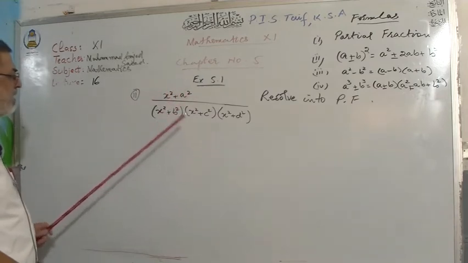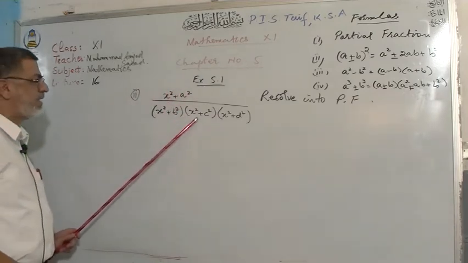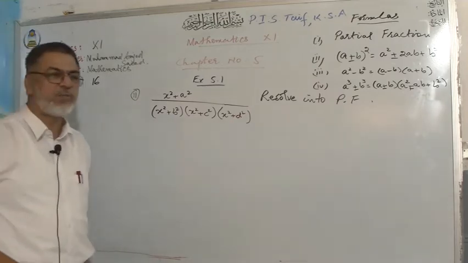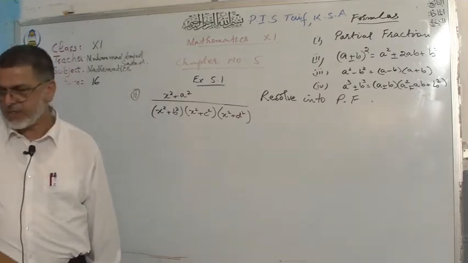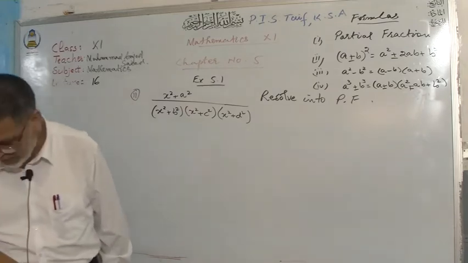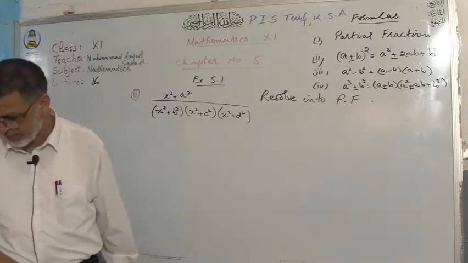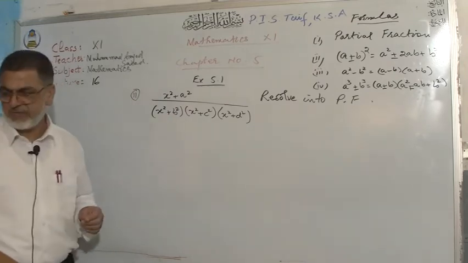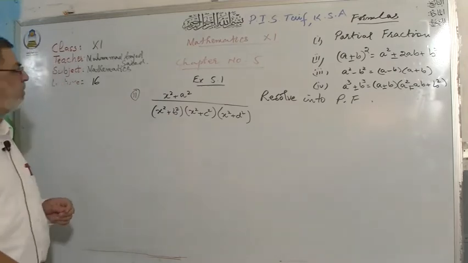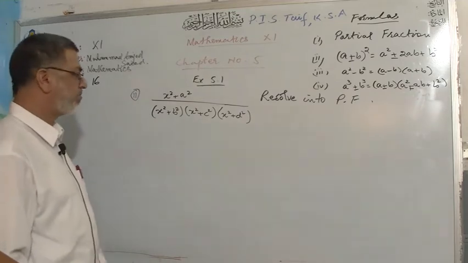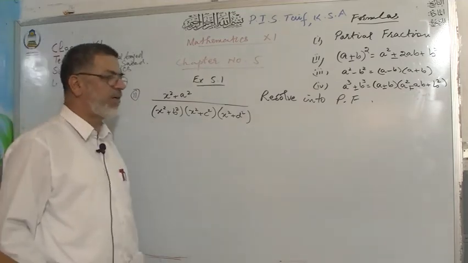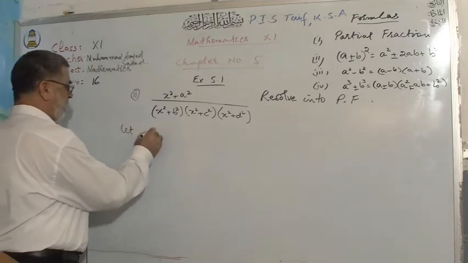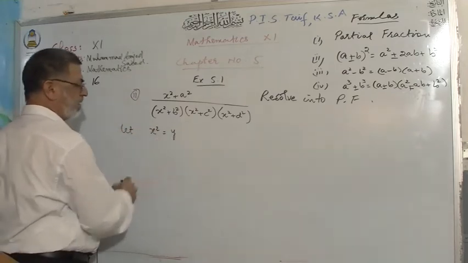x square plus a square over x square plus b square into x square plus c square into x square plus d square, resolved into partial fraction. So, first of all, dear students, we have to convert this variable into the linear form. In case of linear form, you have to substitute let x square is equal to y.